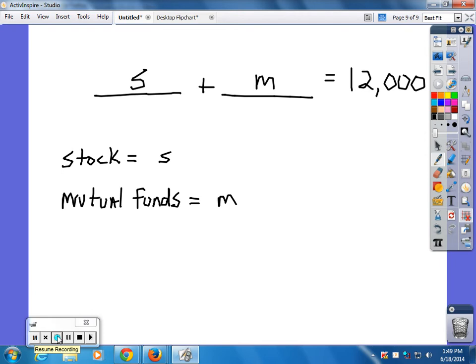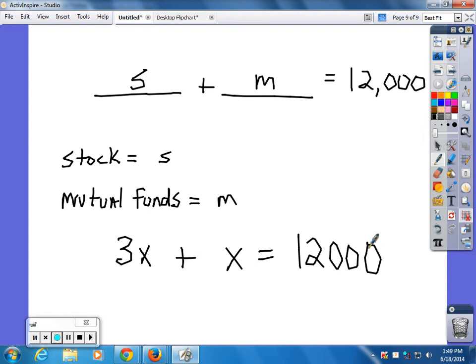Mutual funds. 3 M. Okay, stocks is equal to 3 times mutual funds. All right, then that'd be 3x, and just change both of them to x if you want to. And that would be 3x plus x is equal to what?